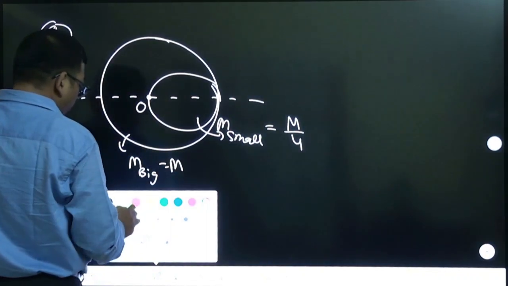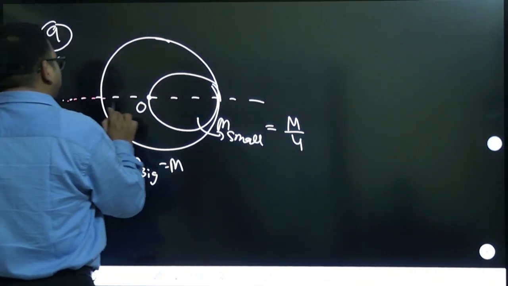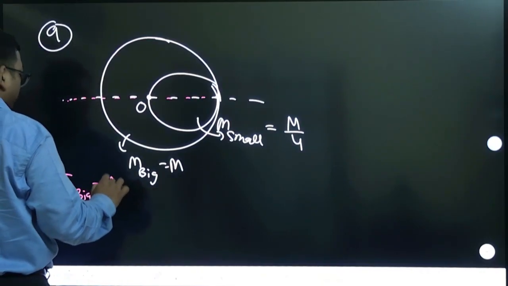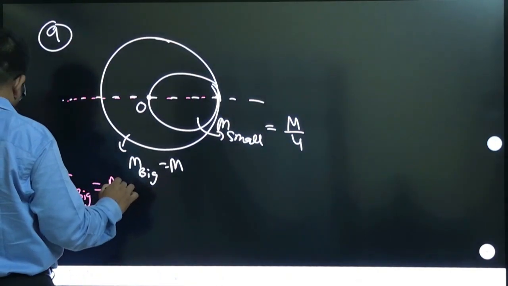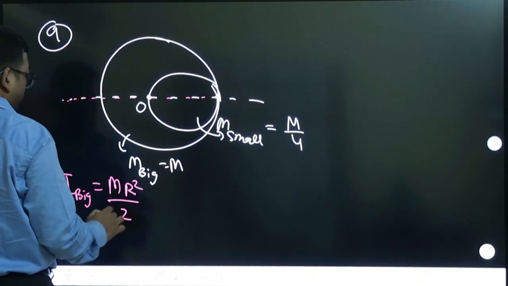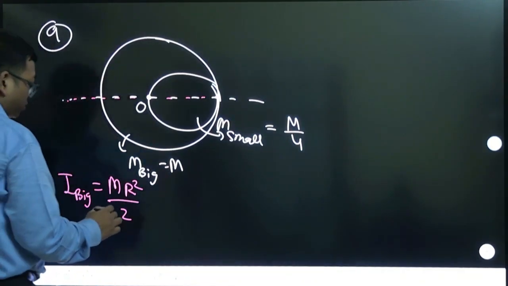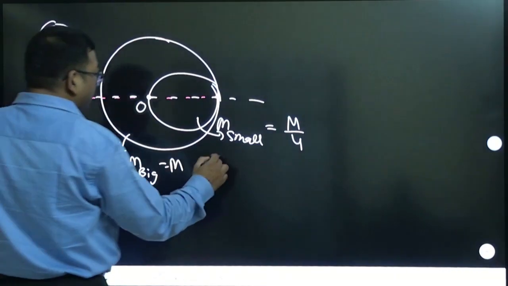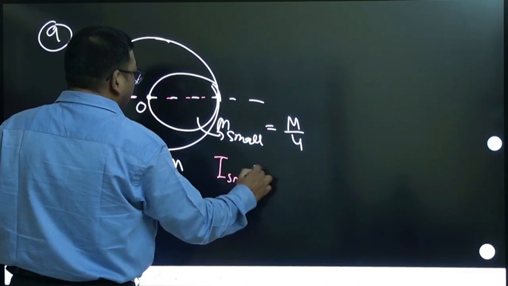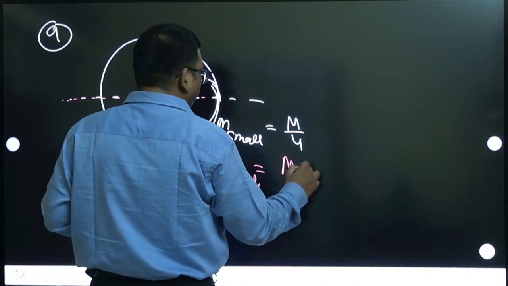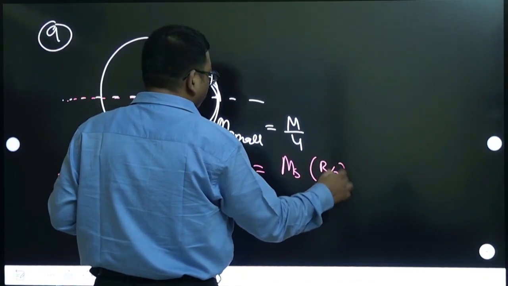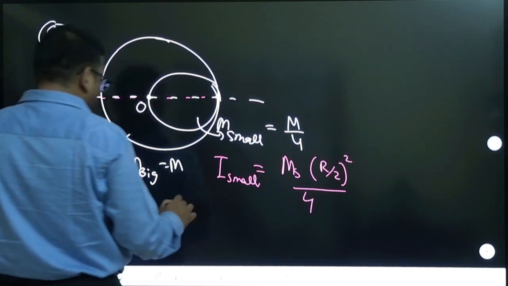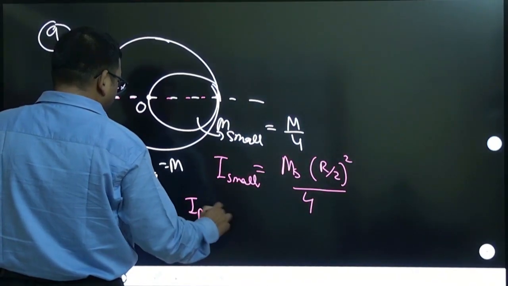So first we need to note the moment of inertia about this diameter. For the bigger disk, I of the bigger will be what? MR square by 2, not 2, by 4, right? MR square by 4 about the diameter. This is for the bigger one, and similarly I for the smaller one about the diameter itself is M small times its radius, R by 2 whole squared, by 4. So now you need to subtract that. So I big minus I small.